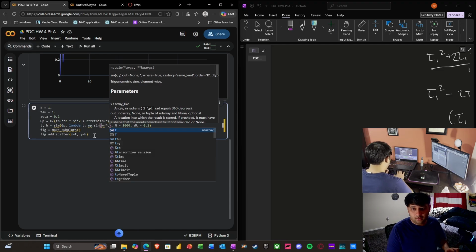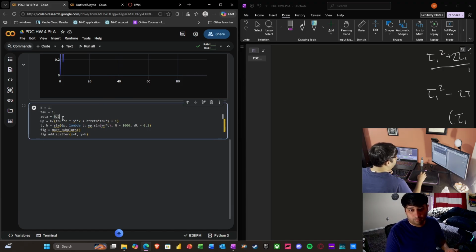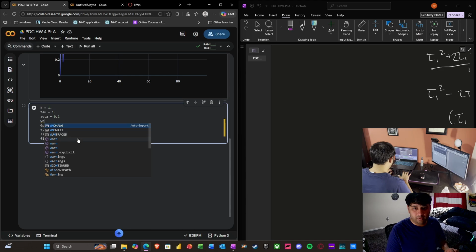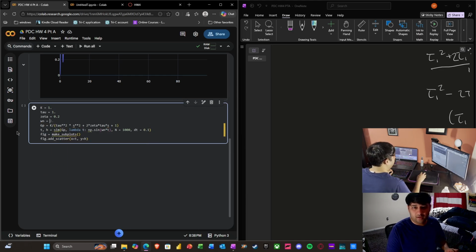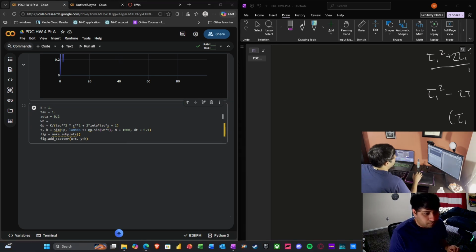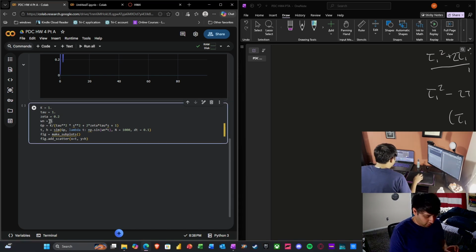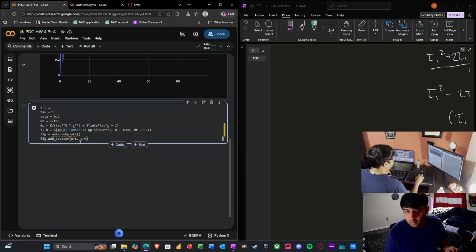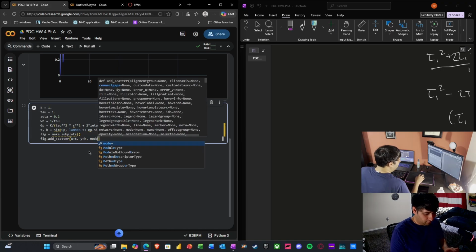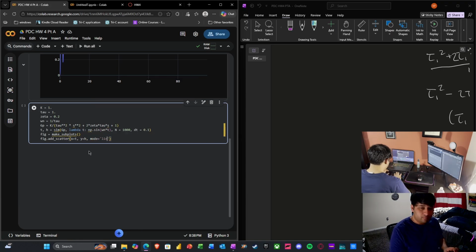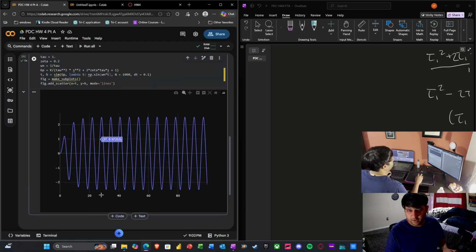where our WN is equal to 1 over tau, and we'll put our mode as equal to lines, and this should, yep, so this is our graph.